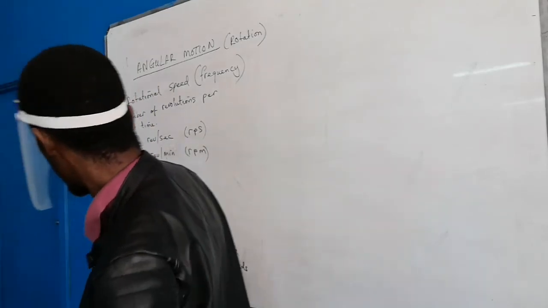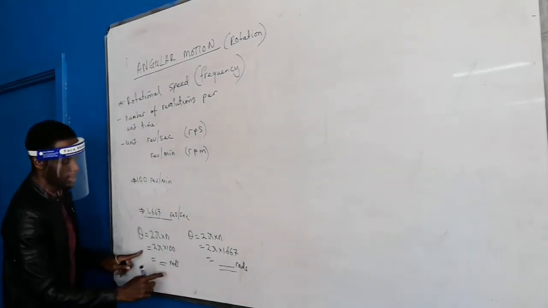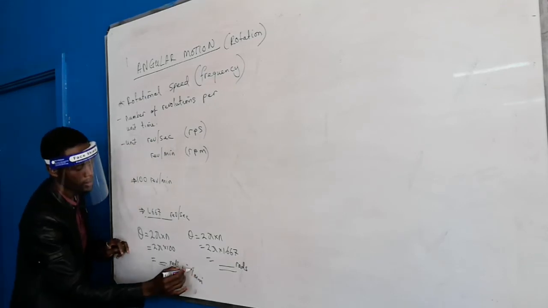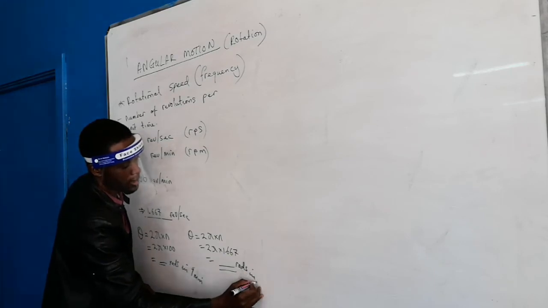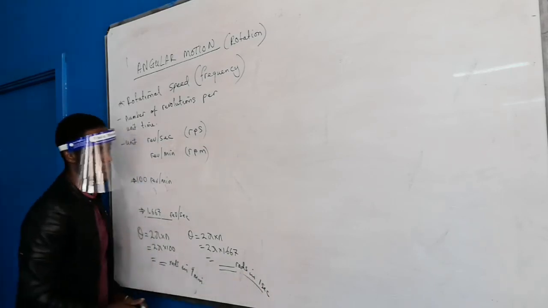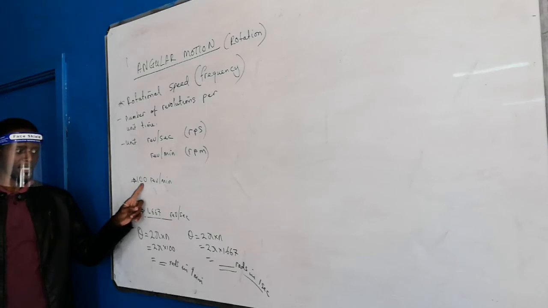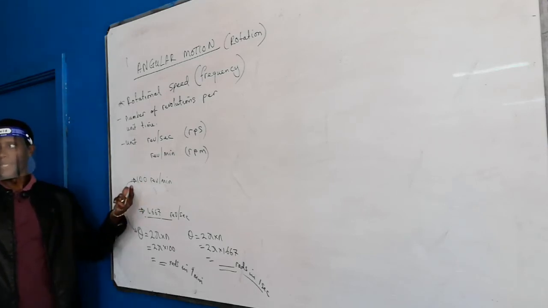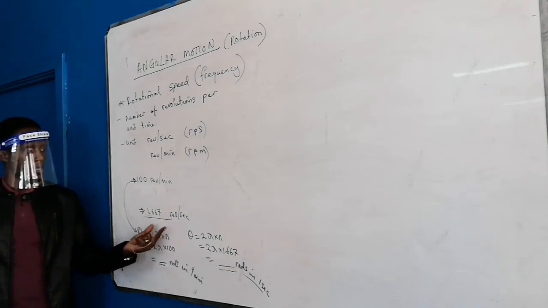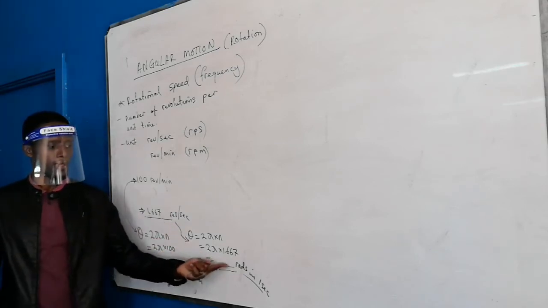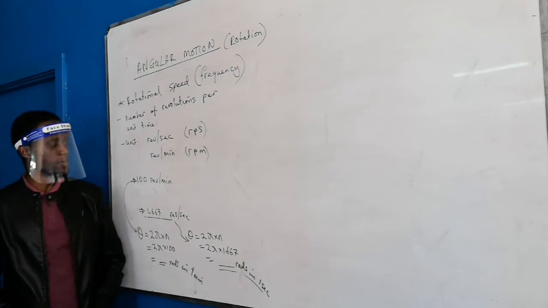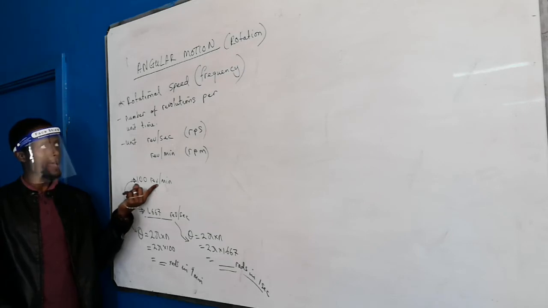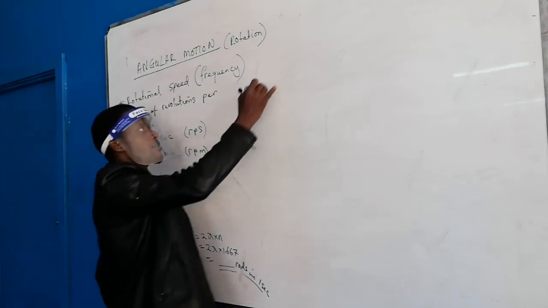Now, this is in 1 minute. This is in 1 second. So there is time involved, even as it is spinning, 100 in 1 minute. There is time involved. This is what it gives us in 1 second, which means we can convert this or that to angular velocity.